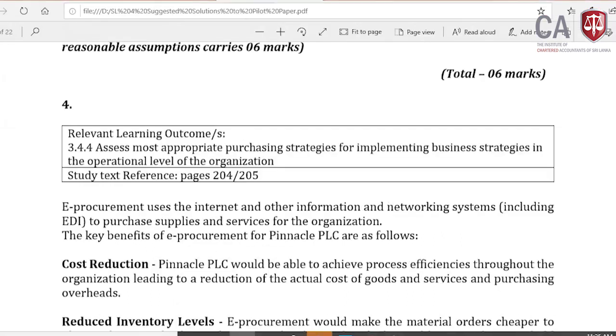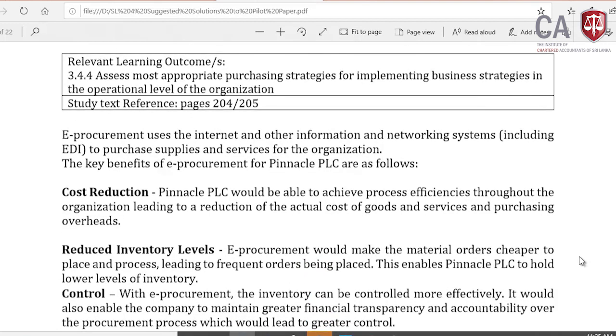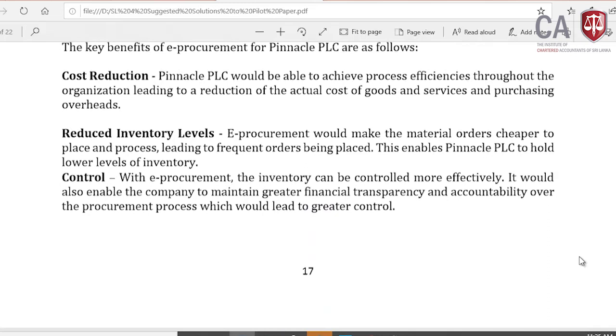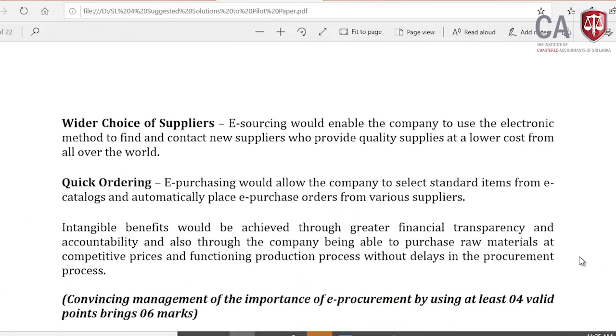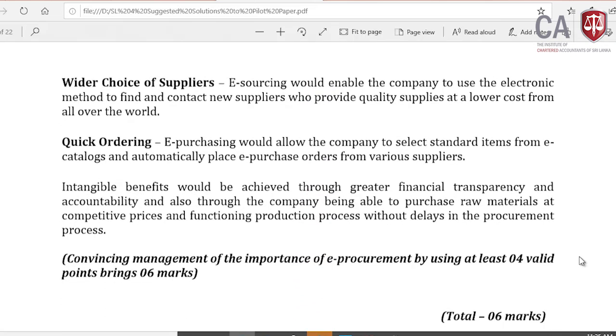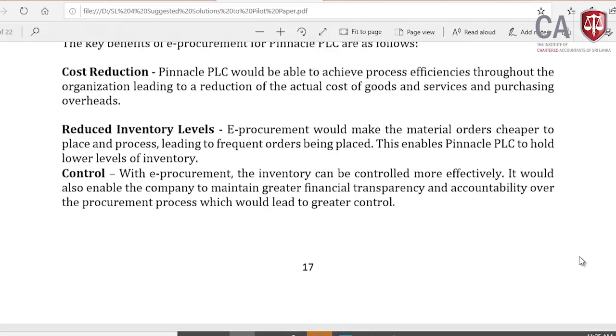So, we look at our suggested answer also. What the examiner has done, I guess, is define what e-procurement is as usual, then talk about the advantages directly. This is very easy compared to the other three parts.